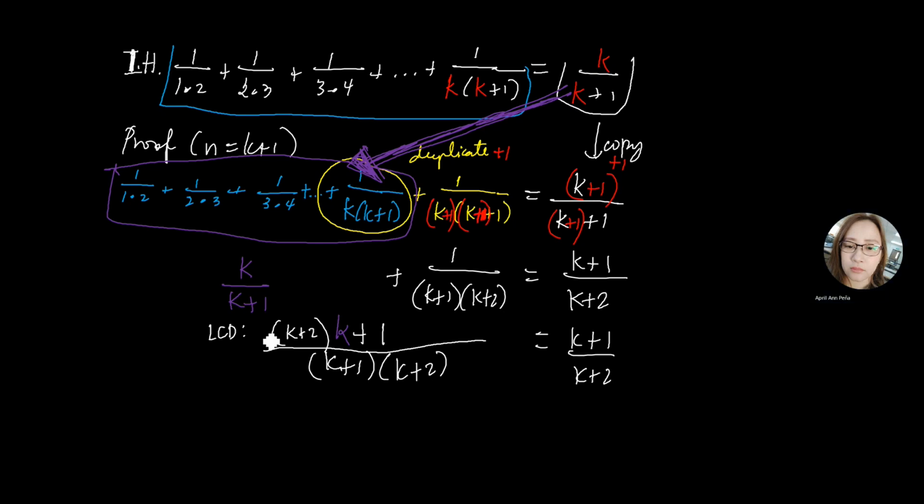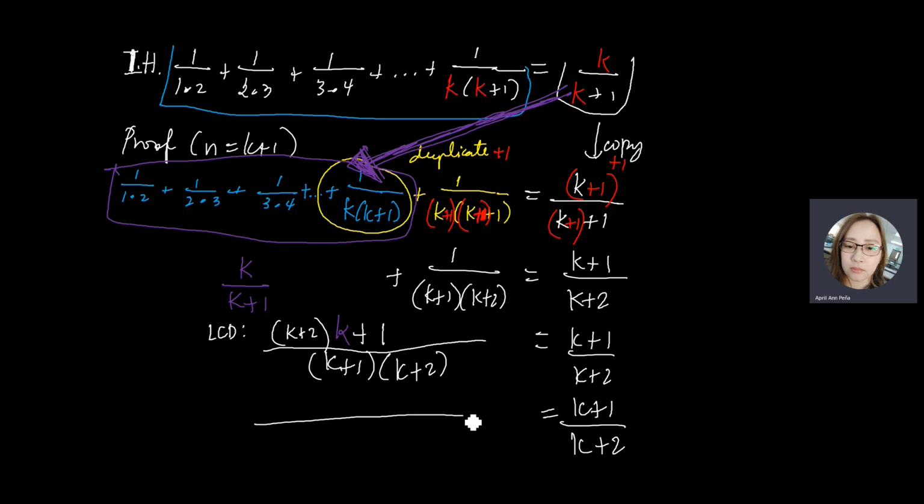All right? And then after that, again, we need to show that it will be k plus 1 over k plus 2. So how? The denominator on the left is the LCD. Then you can distribute the k, because this is k plus 2 times k.